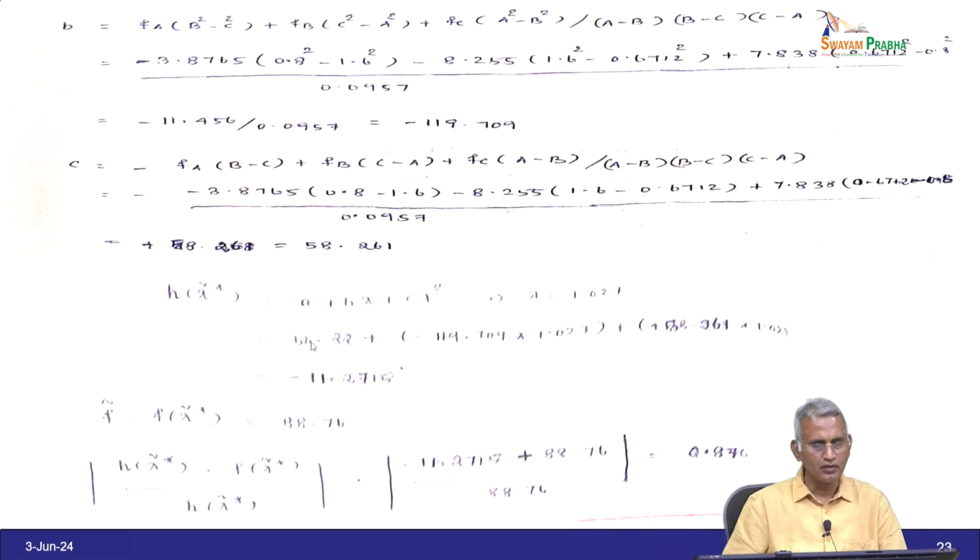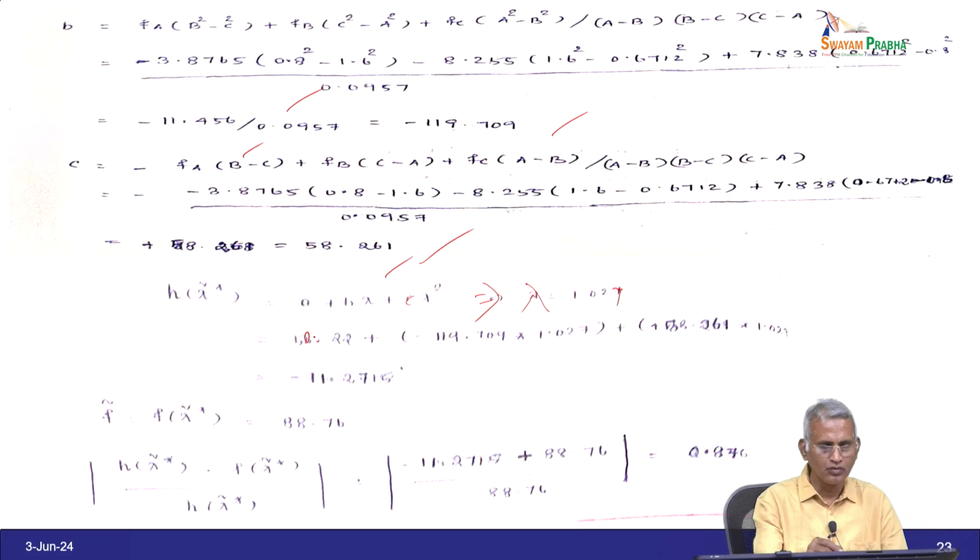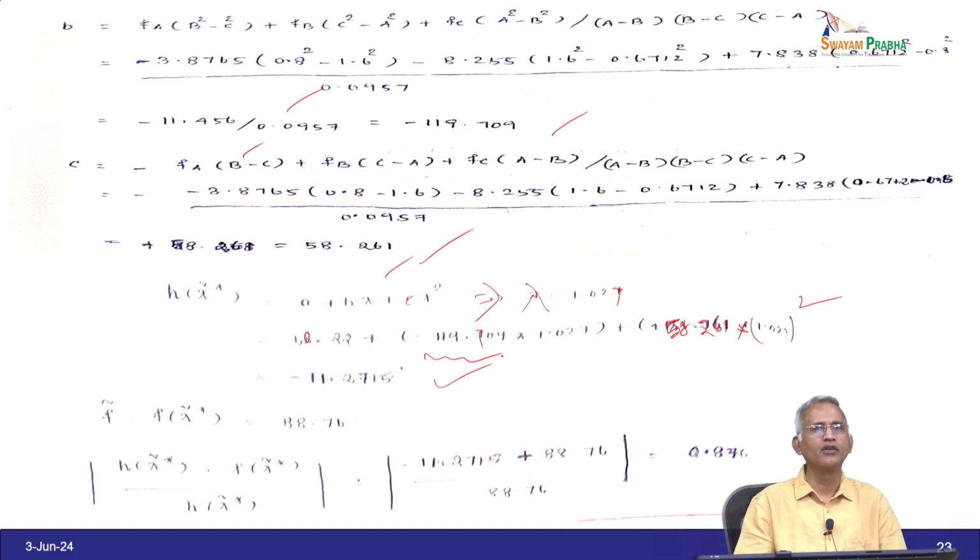B value into lambda is minus 119 into 0.709 into 1.027, and C value 58.261 into lambda, 1.027, the whole square, and then we have minus 11.2715.